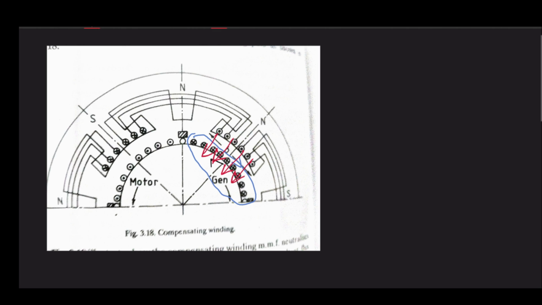Due to this, these red curves were getting distorted in this way. Now when you introduce this, they are producing a perfectly balancing action against the armature conductor under your main poles, and therefore there is a perfect flux distribution.